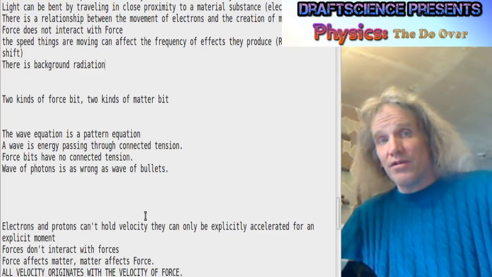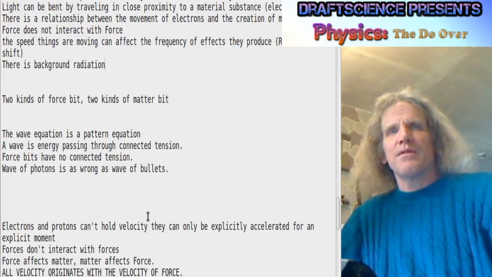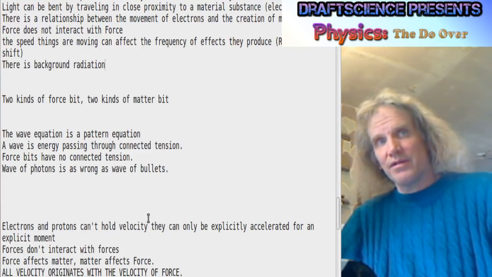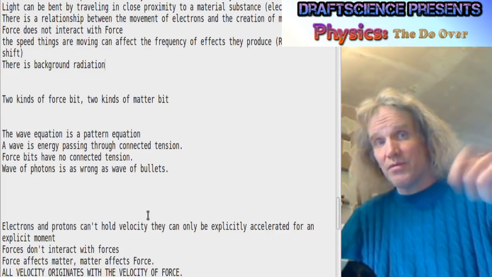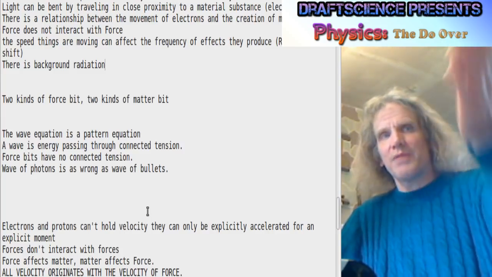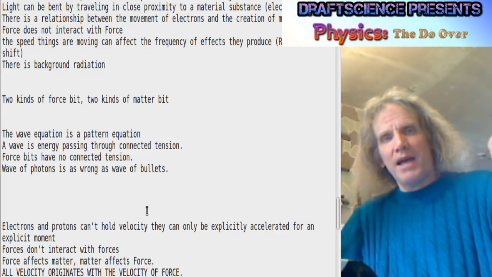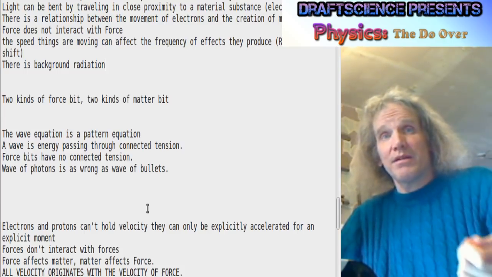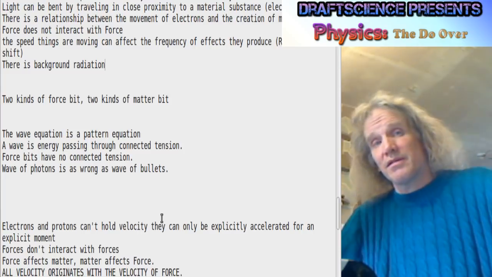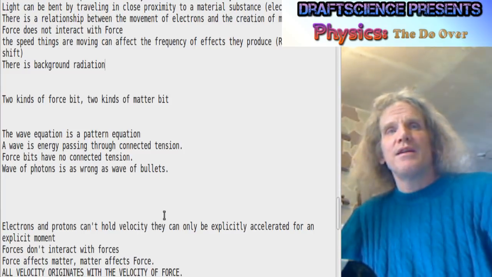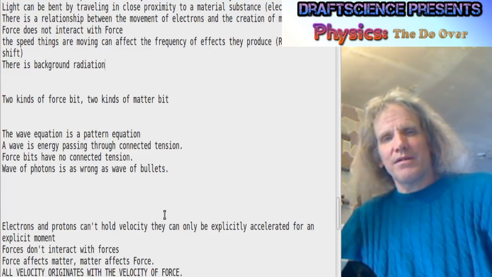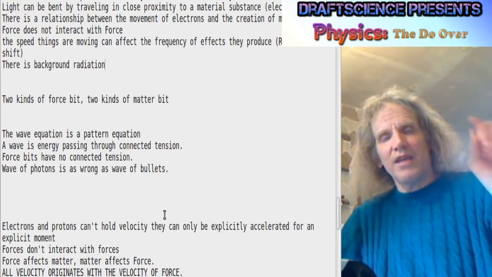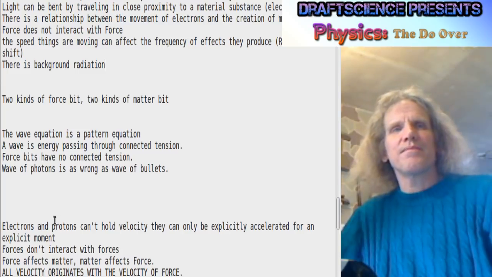They don't have to have anything to do with waves. So this is another where semantics is important. Just as with the speed of force, the terminology should be that it's a pattern equation, because it isn't fundamentally dependent on any notion of the existence of anything called a wave. The only thing that's relevant is the fact that there is something causing an angular change in direction.